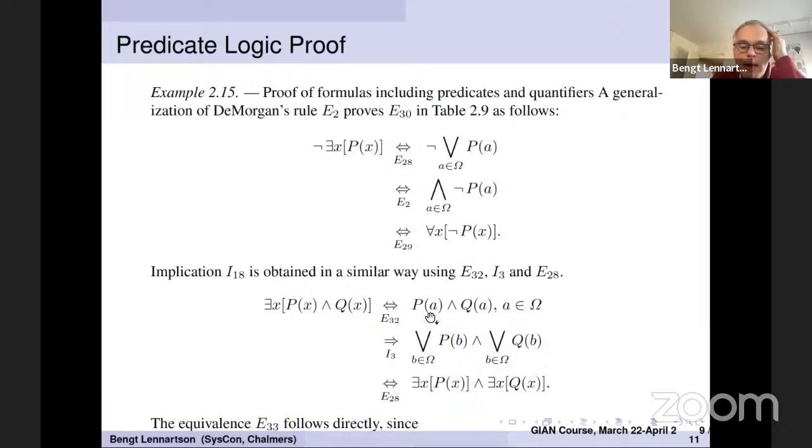And then based on that, you have an implication, namely that if something is true just for one element, it can be true for a lot of other elements, actually for all elements in omega.